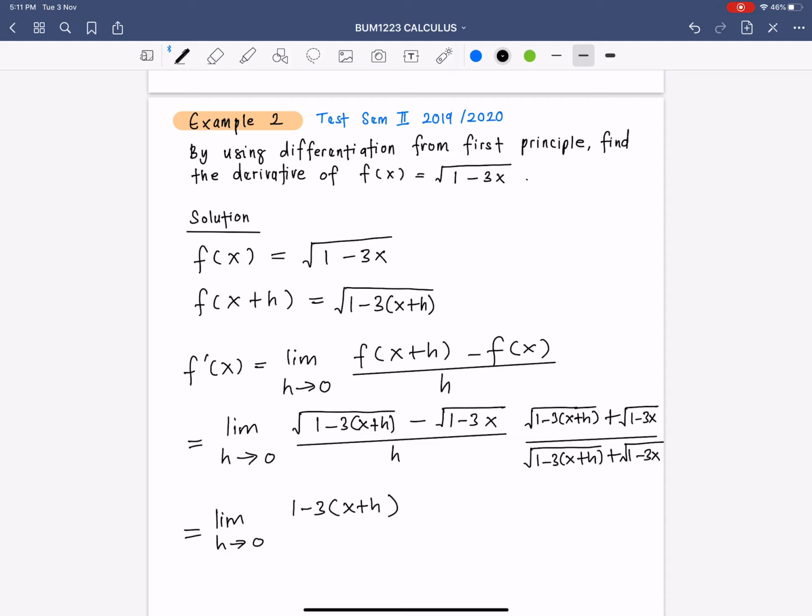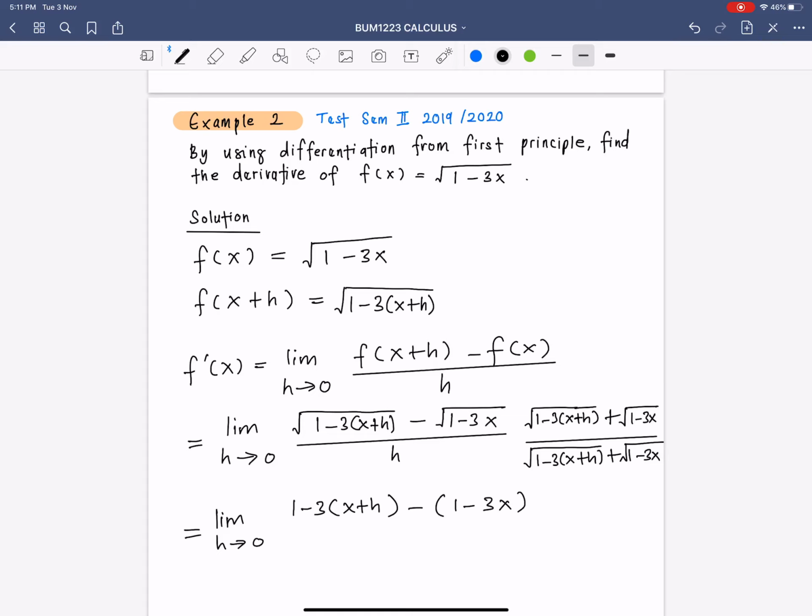Then minus times plus gives minus, and root of 1 minus 3x times root of 1 minus 3x gives 1 minus 3x.